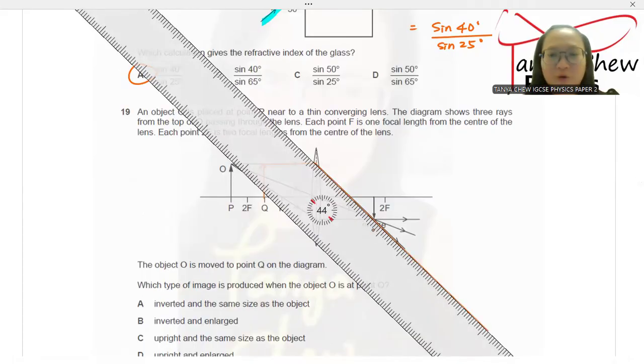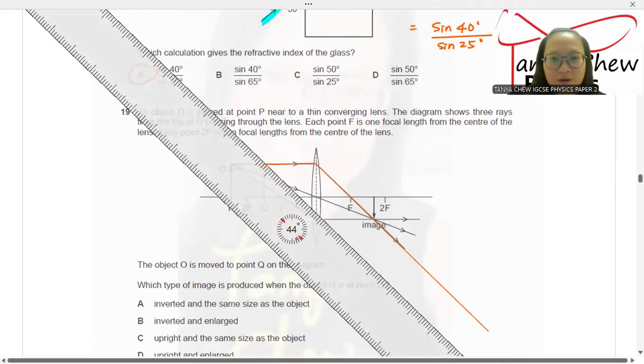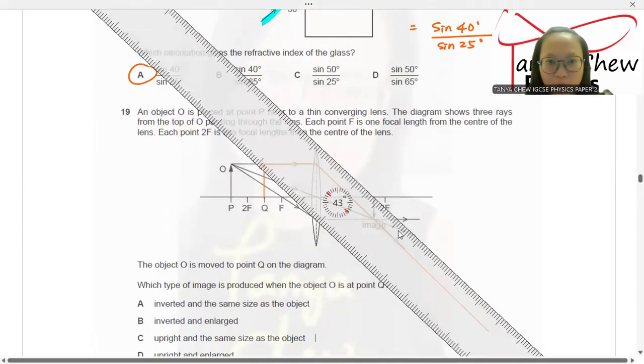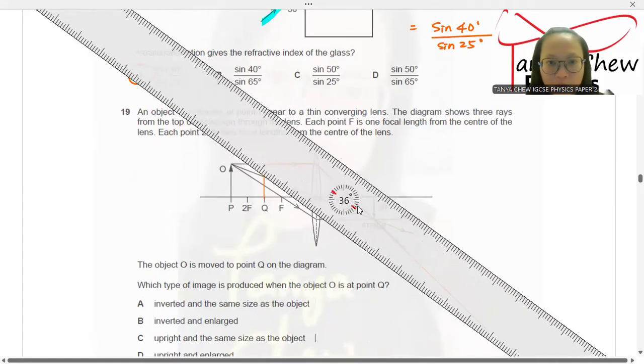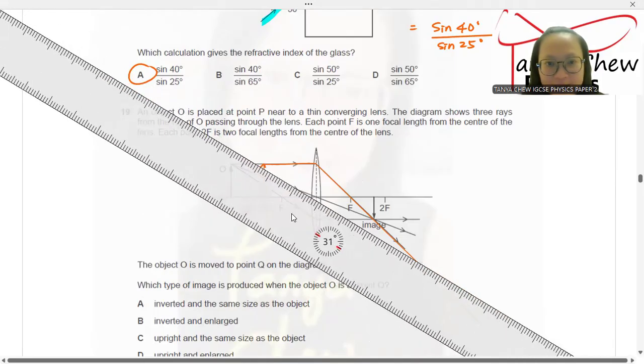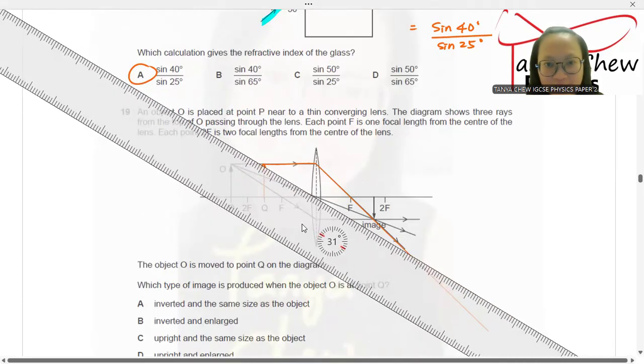So I draw longer. Now the second ray diagram is that any ray going towards the center of the lens will just go through straight. That is the second ray diagram.